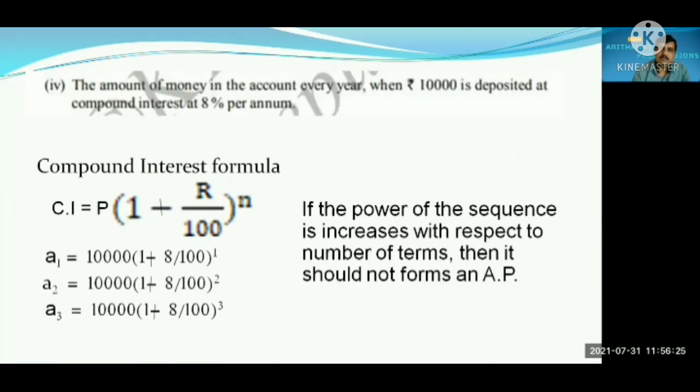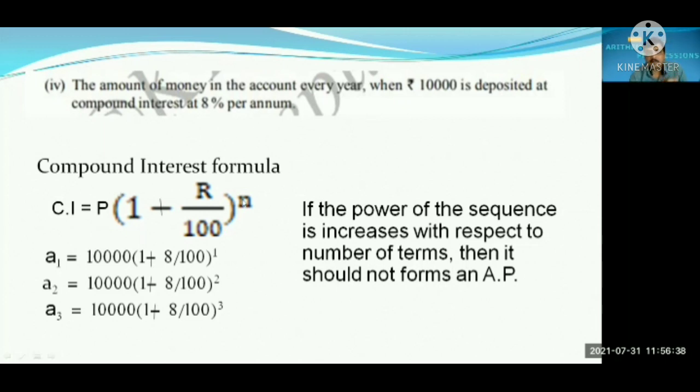The next problem, the fourth one, is related to compound interest. An amount of 10,000 is deposited in an account at compound interest of 8% per annum, and we consider the amount every year.